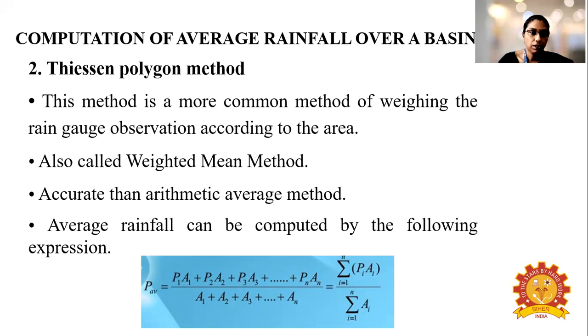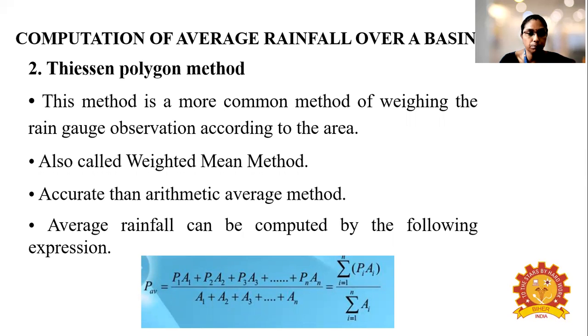This Thiessen polygon method is more accurate compared to the arithmetic average method, and the average rainfall can be calculated using the following expression: average precipitation or rainfall over a basin is equal to P1A1 plus P2A2 plus P3A3 and so on up to PnAn, divided by, in the denominator, the summation of all the areas, that is A1 plus A2 plus A3 up to n number of areas.